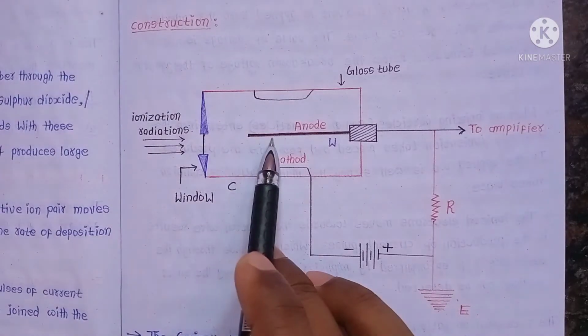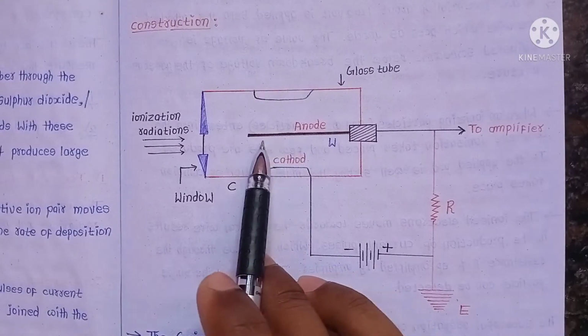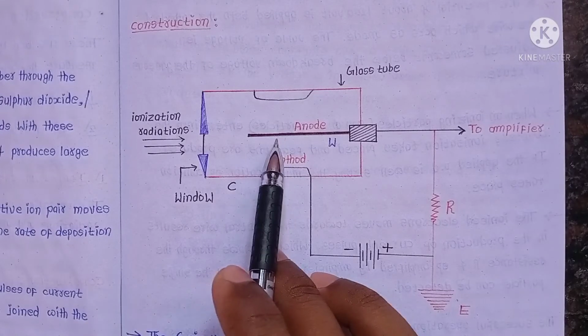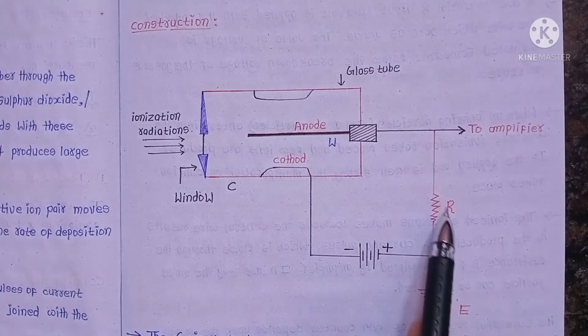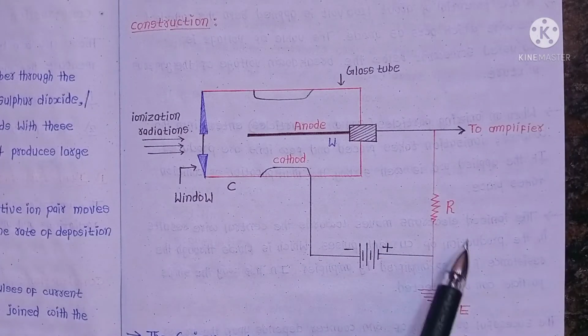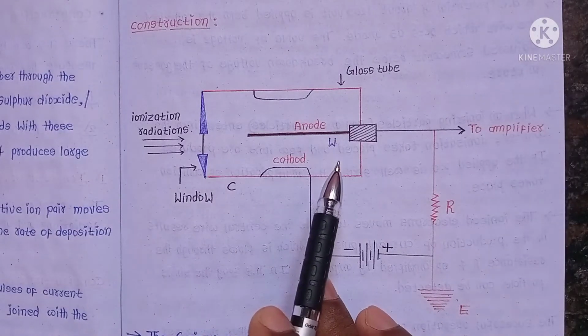The deposition of beta particles on the anode produces a pulse of electric current. This pulse of current passes through the resistance R and is amplified by the amplifier. So this is the general procedure for the detection of beta particles by using the GM counter.